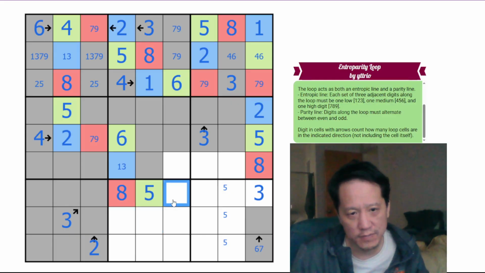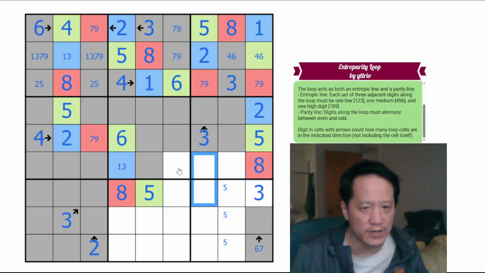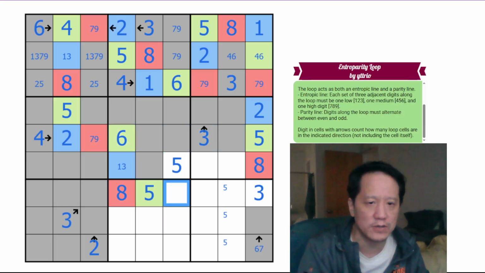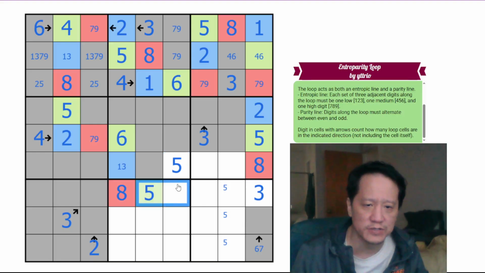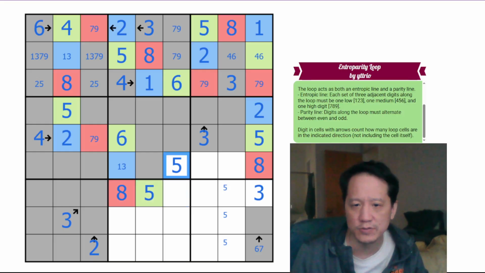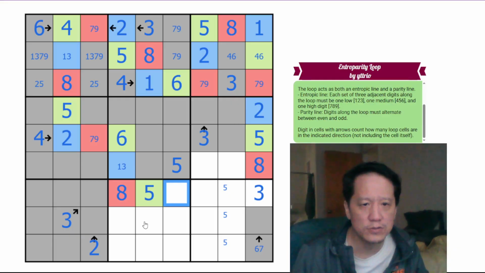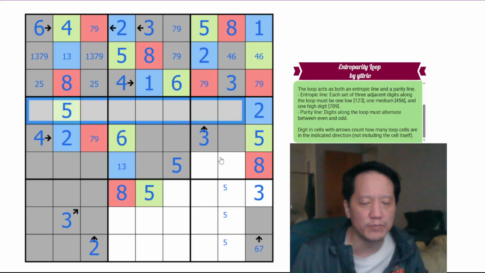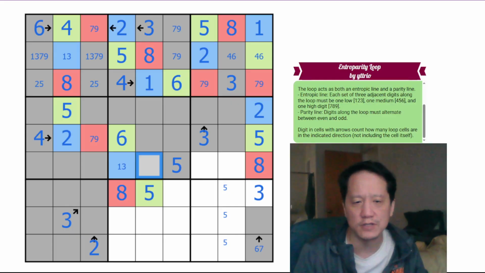Okay. So yeah, we still have the same scenario. So this can't be 5, whereas 5 has to be here. This can't be on the loop because it would be low and then high again, which is not possible. So we need a 2 in row 6. It has to be here. Okay, so then that's 2.